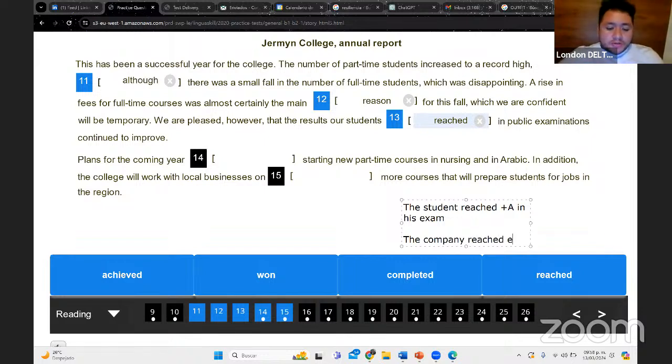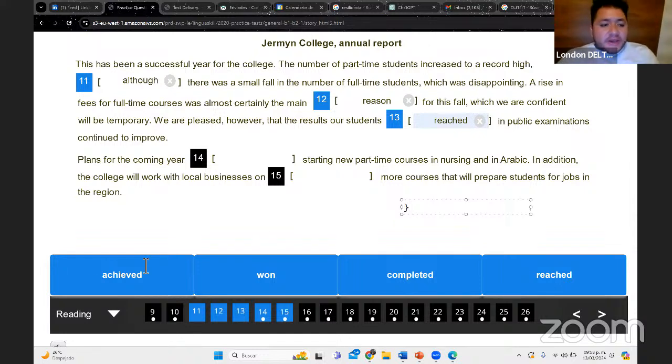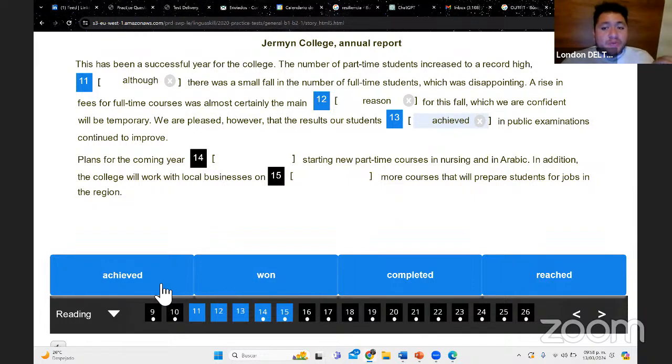reached excellent results. We have something to reach, right? But in this case, in the sentence, it doesn't say what you are reaching, right? It doesn't say if they got 10, if they got A, if they got 95. It doesn't say what. So when we talk about results in public examinations and we don't have anything to reach, that's why the best option here is achieved.